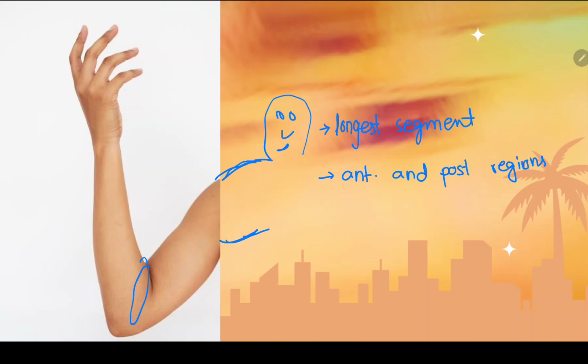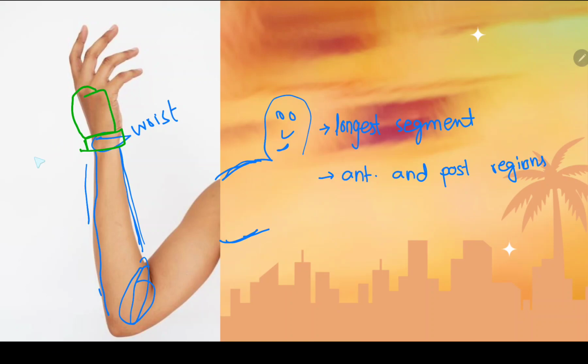Next, move towards the forearm. Similarly, this is the anterior part of the forearm, and this is the posterior part of the forearm. And we know that the forearm connects the elbow with the wrist, right? Then comes our hand. In our hand, this area is the wrist.